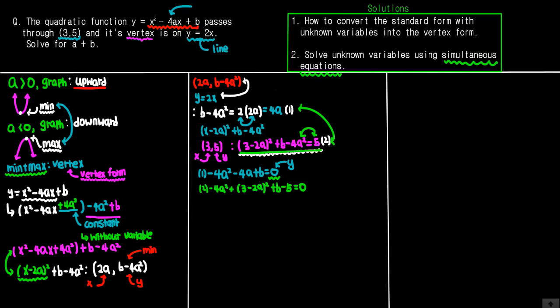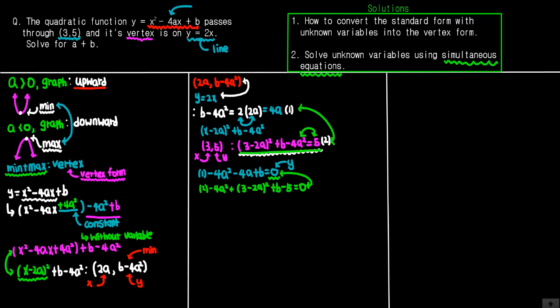And this is why we can use the elimination equation. Since the two sides are both equal to 0, these terms and this term should be equal to each other.